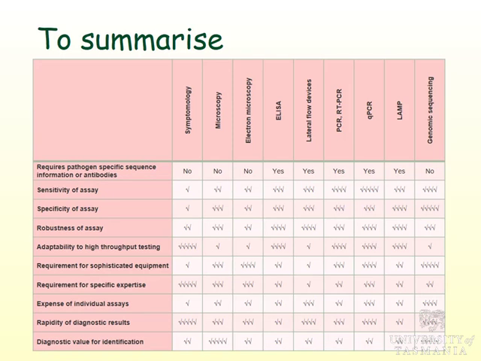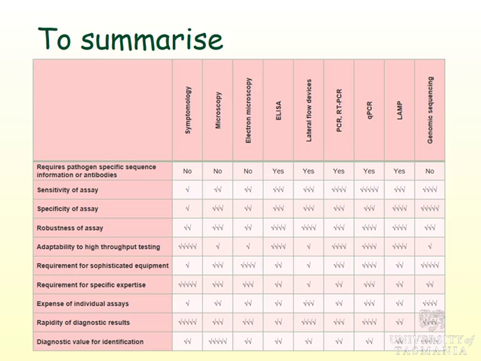And you can look at this later too, but it's my crude estimation of some of the pros and the cons of these tests. So, symptomology, well that's good, you don't need to know anything about it, you're just looking at symptoms, so there's no need for any pathogen-specific information. Same with microscopy, you're looking for whatever's present, even electron microscopy.